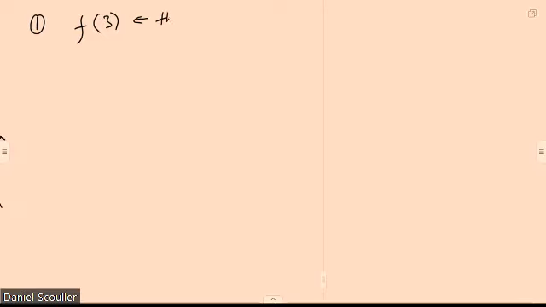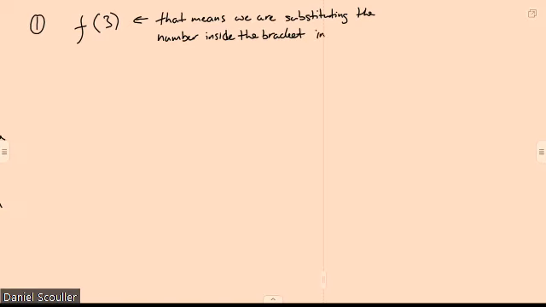That means we are substituting the number inside the bracket into the equation.